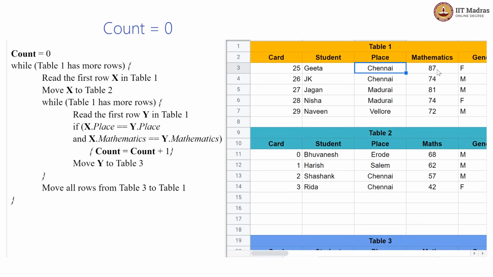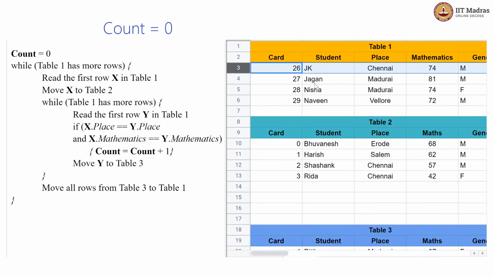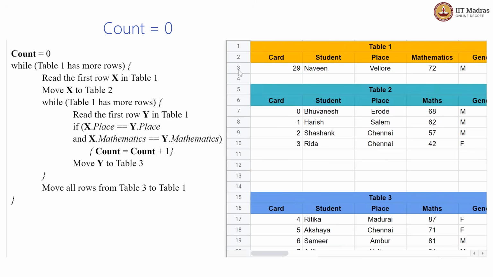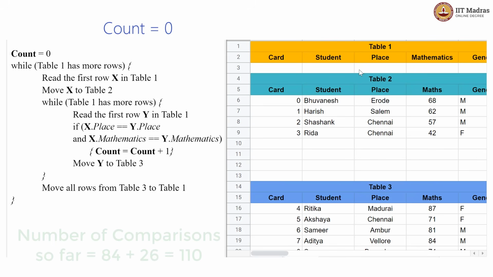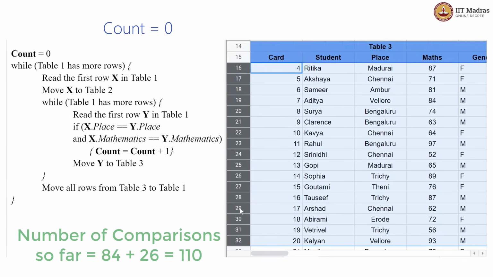Again Chennai, but not 42. So now table 1 is empty. We come out of this particular while block and we move all these rows again back to table 1.